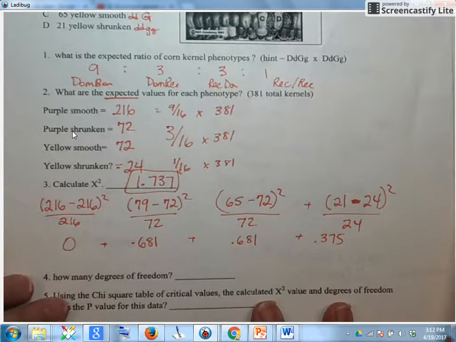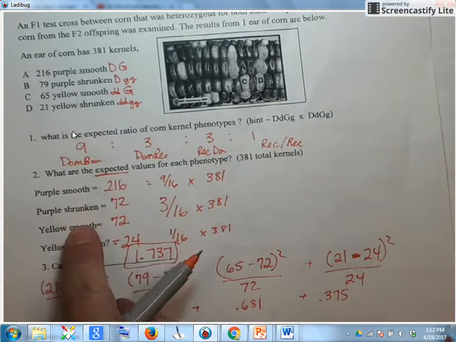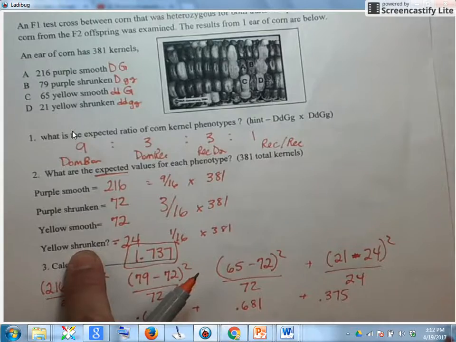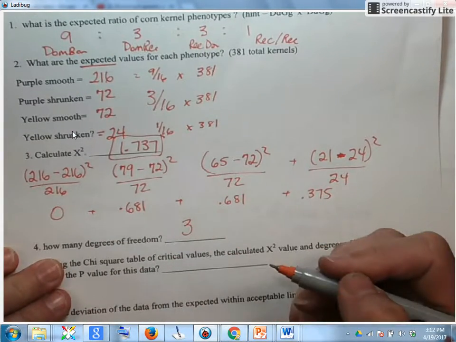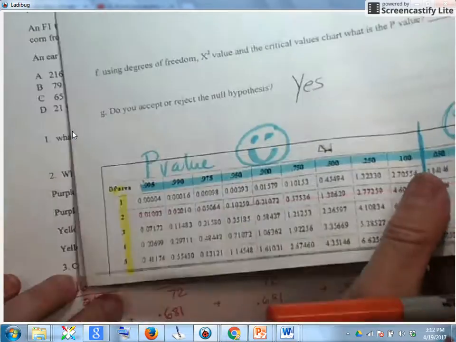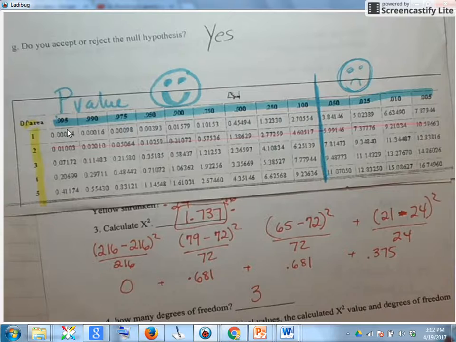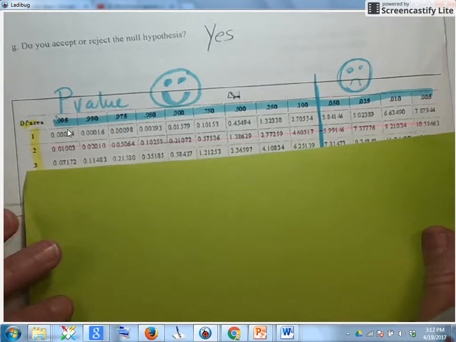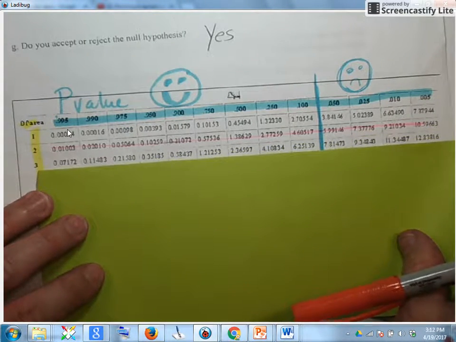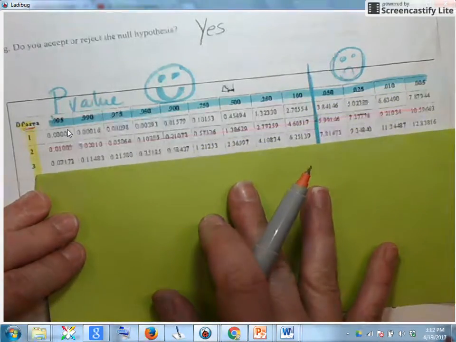All right. So there's our chi-square. How many degrees of freedom? Well, how many options do we have? We have 4 options. Minus 1 is 3. So there's 3 degrees of freedom. So we're going to take the chi-square value and the degrees of freedom, apply it to our table. We are looking at the third row because we have 3 degrees of freedom, and we are looking for 1.737.